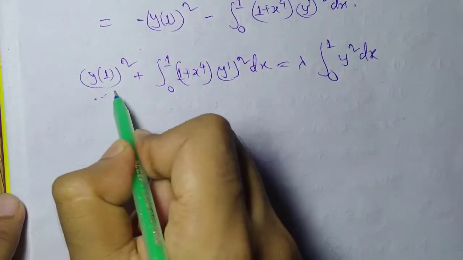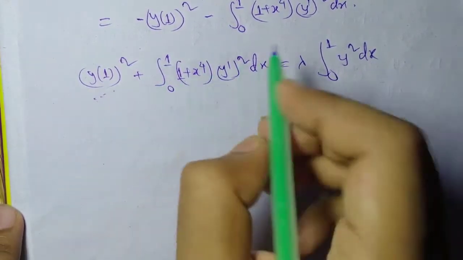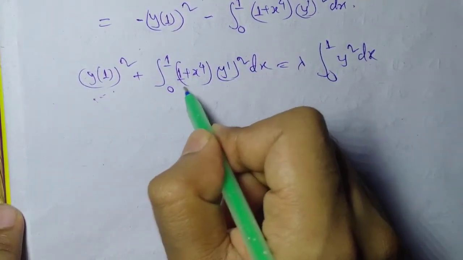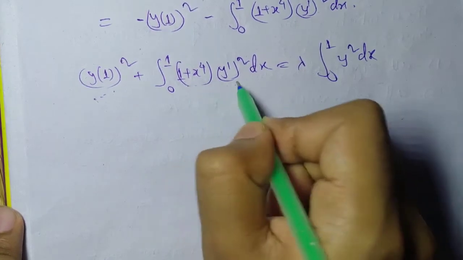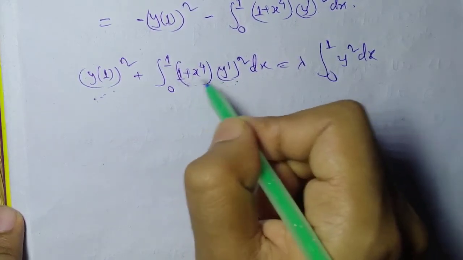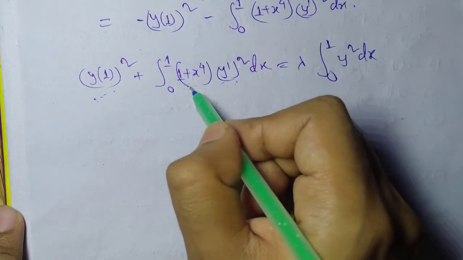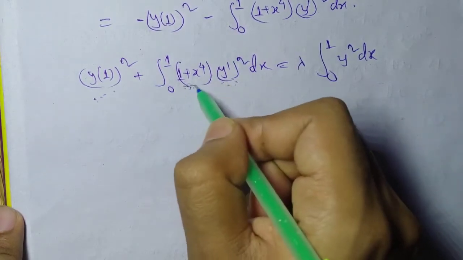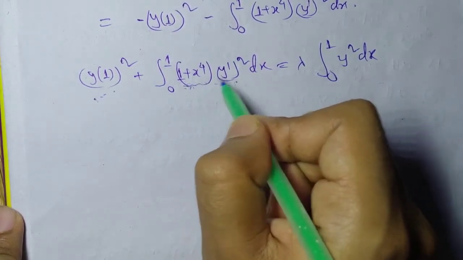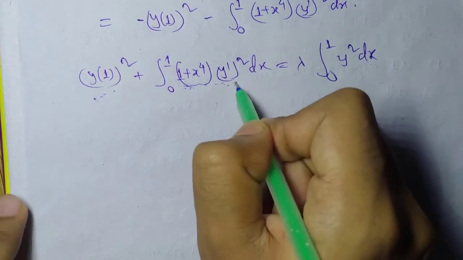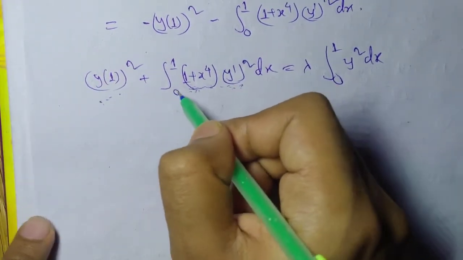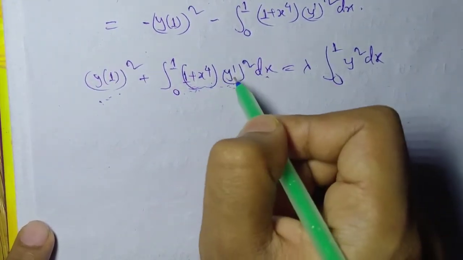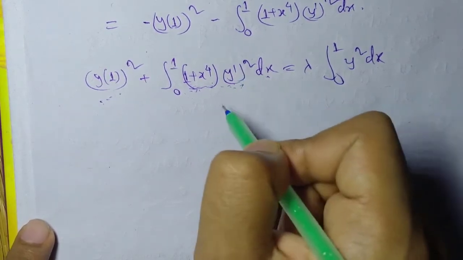Since it is a square term, it is non-negative, and the integrand is also non-negative. If we consider this as f(x) greater or equal to 0, then the integral from 0 to 1 of f(x) dx must also be greater or equal to 0.